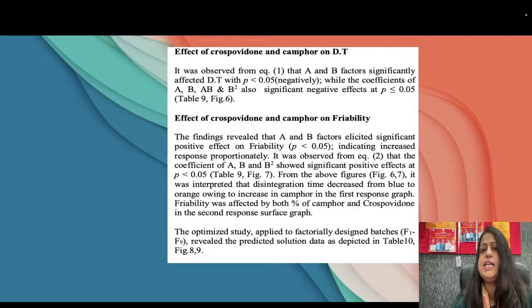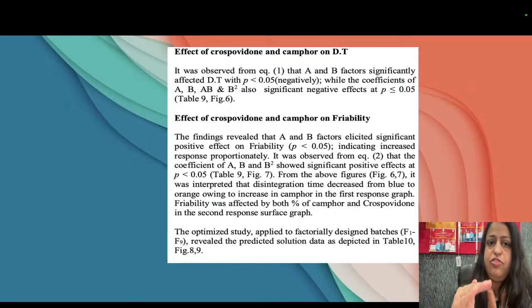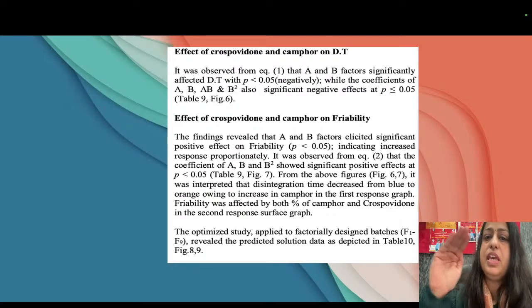In this case, the A and B factors significantly affected DT negatively, as I told you, because if we increase the amount of the super disintegrant as well as the subliming agent, then disintegration time will be reduced, right? Again, if we check out the second factor, then the percent friability will be increasing.